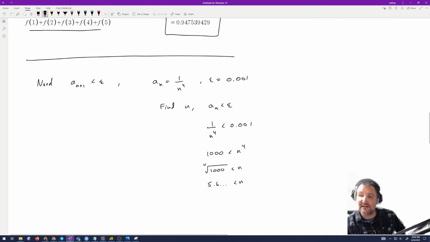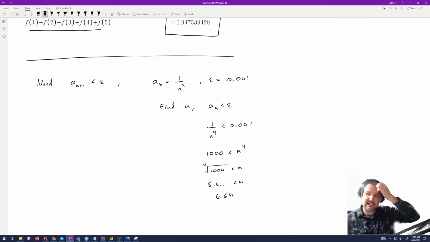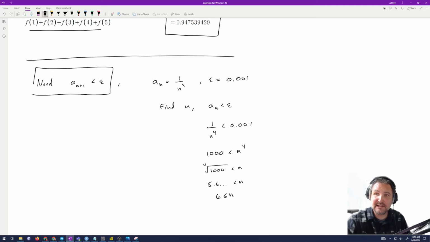So what does this really tell us? This tells us that in this case, when we're finding n here, we need to have n be bigger than or equal to 6 for this to be true. So when n is bigger than or equal to 6, we have a_n is less than epsilon. Great. So what we need is to find n for this, though, because that's what the theorem says.